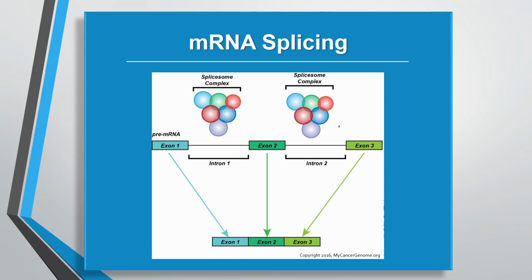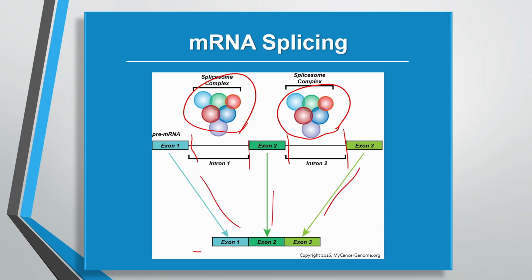So I'm trying to show you those guys up here, right? And they're kind of like, for lack of a better term, a big pair of scissors. So they will cut out the introns there and there, right? And then all those exons get brought together and put in tandem, all in a row with the introns missing.